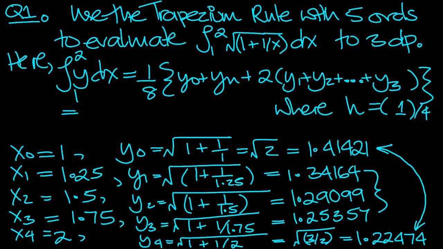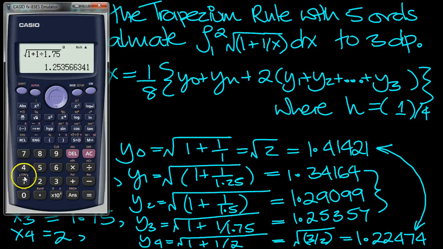So let's type it in the calculator then. We've got 1 over 8, 1 divided by 8 times bracket 1.41421 plus 1.22474.